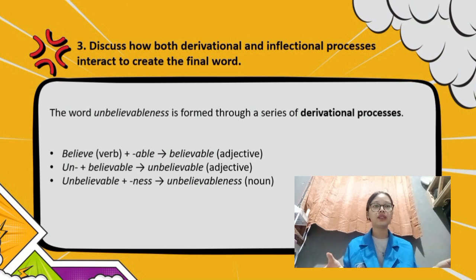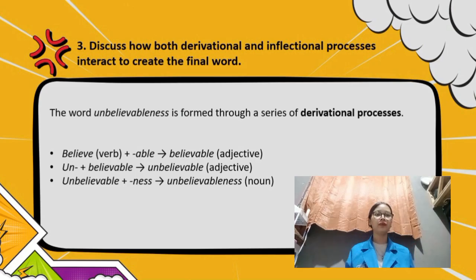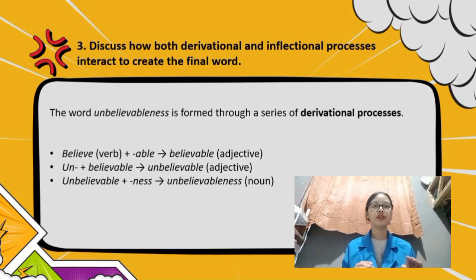The suffix -ness is added to make a noun, unbelievableness, which expresses the state or quality of being unbelievable. In this word, there are no inflectional processes because none of these affixes show grammatical information like tense, number, or comparison.